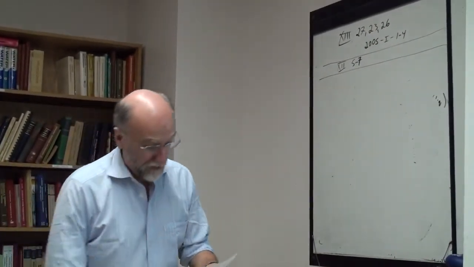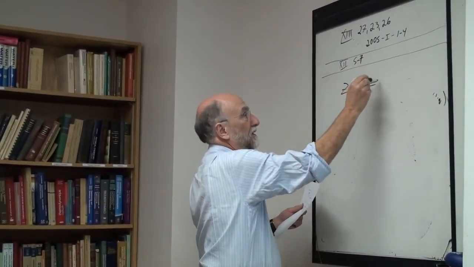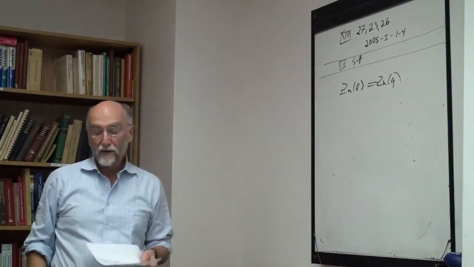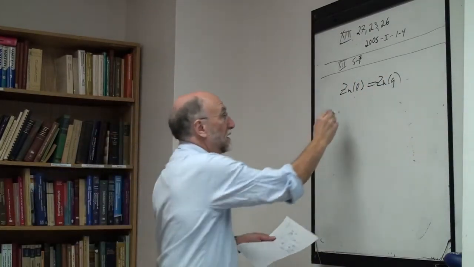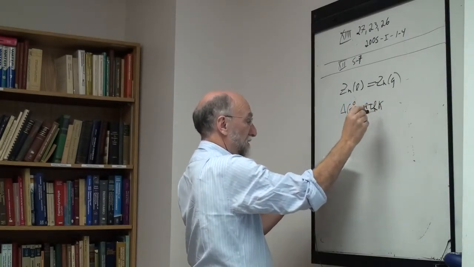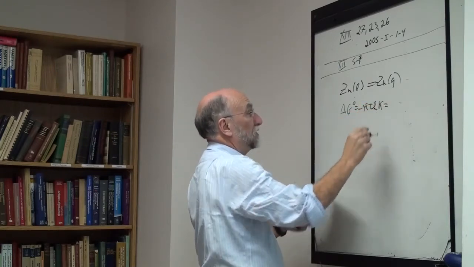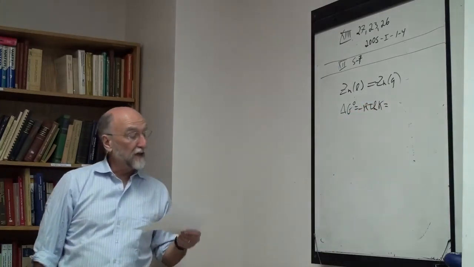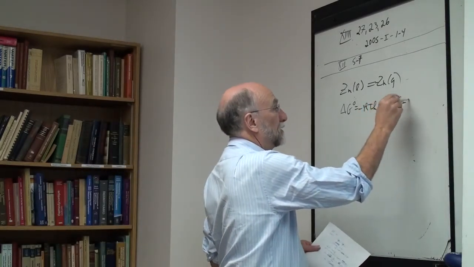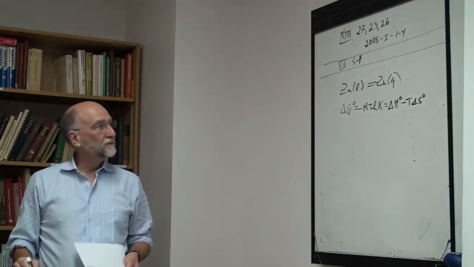Okay, we'll do the second part first. We have zinc liquid gives zinc gas. This is the equilibrium between the zinc in the liquid phase and the gas phase. For that we have delta G0 is minus RT log K, which is equal to delta H of the reaction minus T delta S of that reaction.